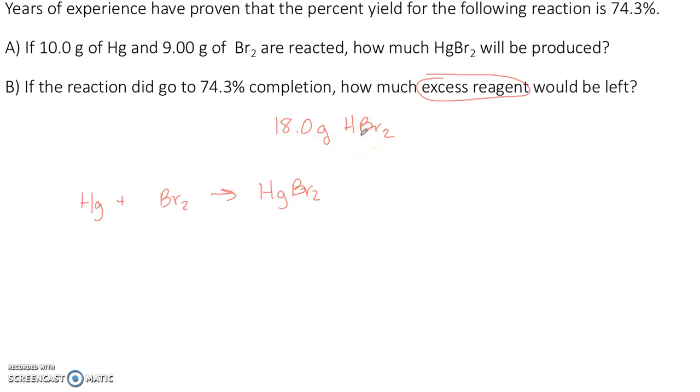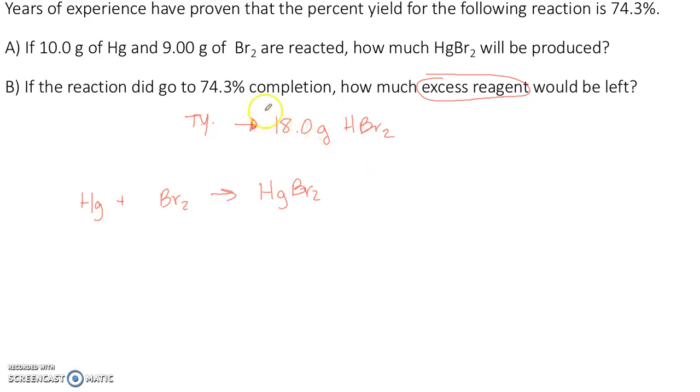Well, that's where we know that we didn't make this. This is what we should have made, right? So this would be our theoretical yield. This is how much we should make if we reacted these two reactants with those amounts together.